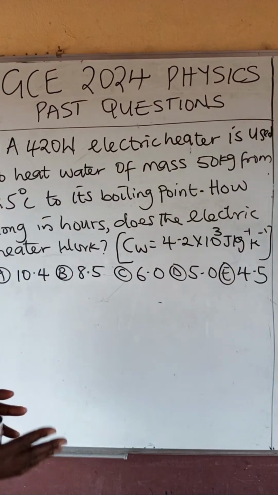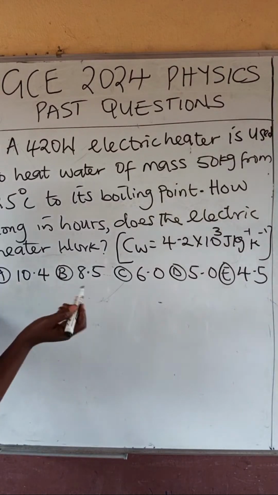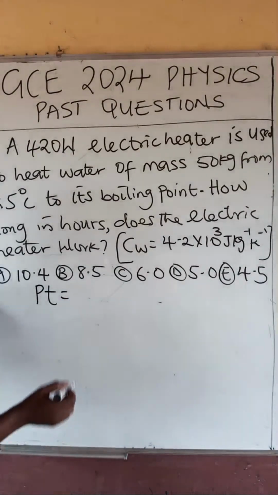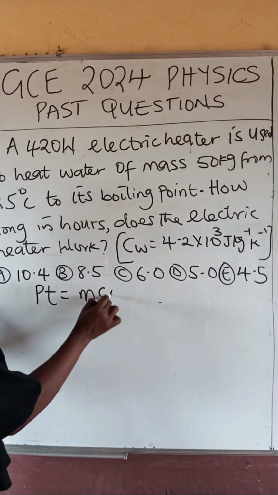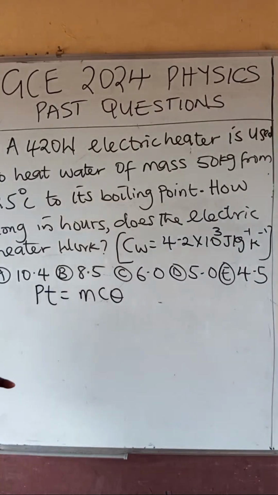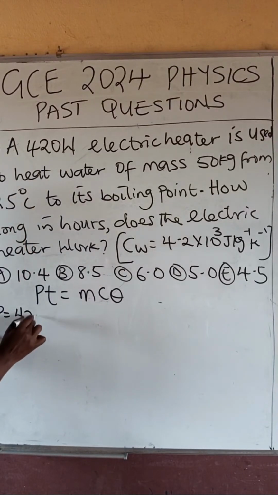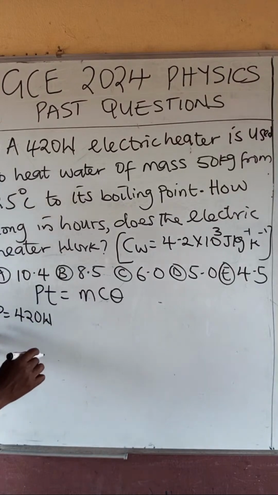Now, it's similar to what we used before, right? For this electric heater, we're going to use PT is equal to MC theta, right? But there is something we must take into consideration. Let us set our parameters. My power is equal to 420 watts.